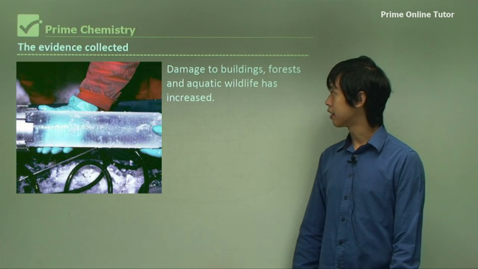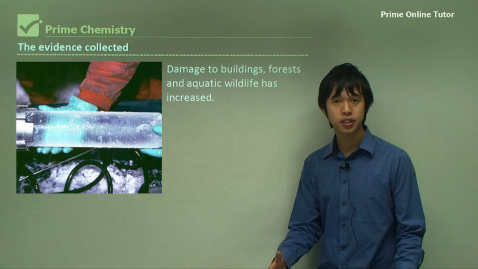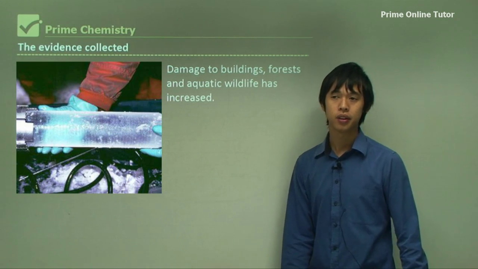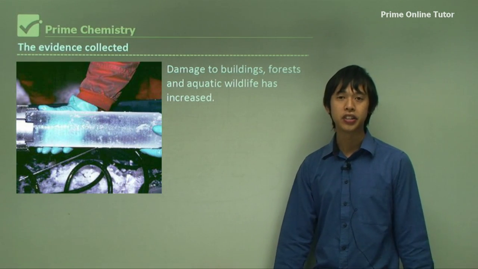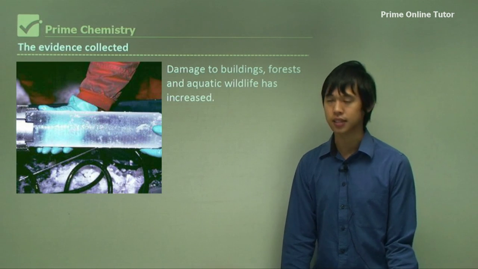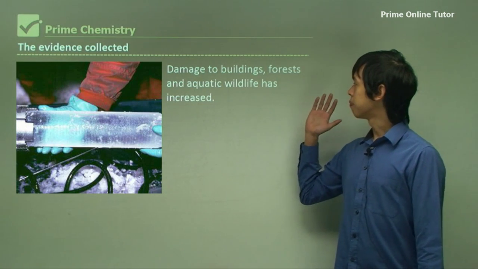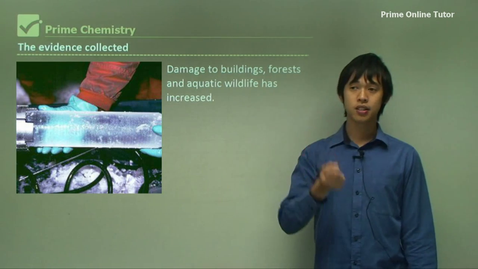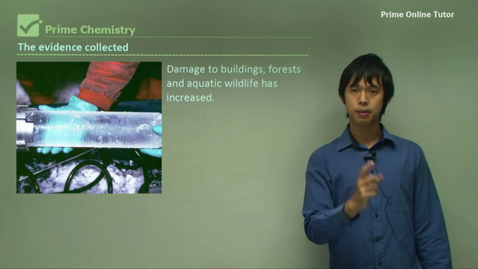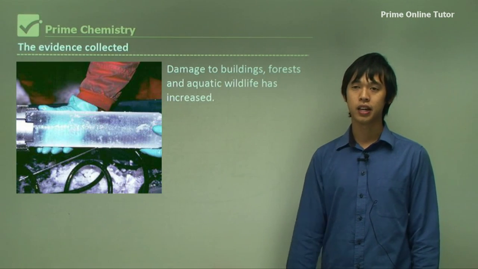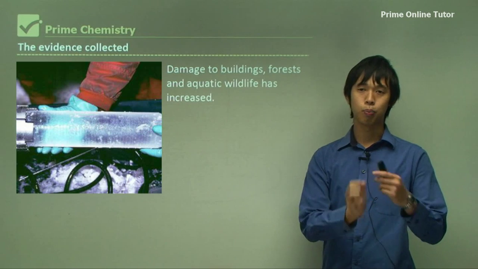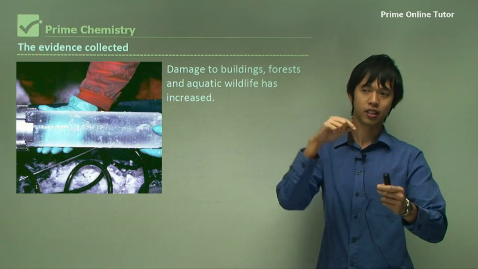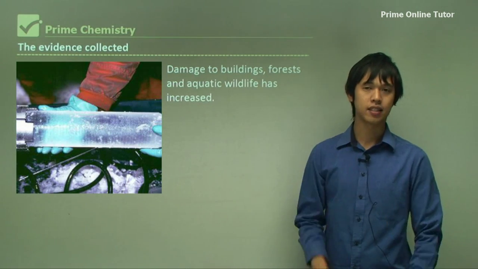And if you look at buildings, so we've looked at natural systems, what about our built environment? Does that reflect any change in the atmosphere? Well, yes, of course. If you look at limestone buildings, sorry, not sandstone, limestone, you'll notice that they're pockmarked, like the rain has put little dents into them.